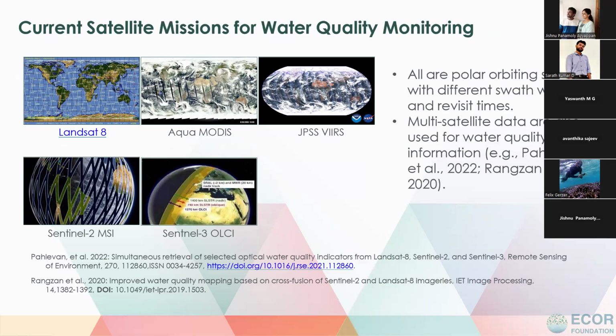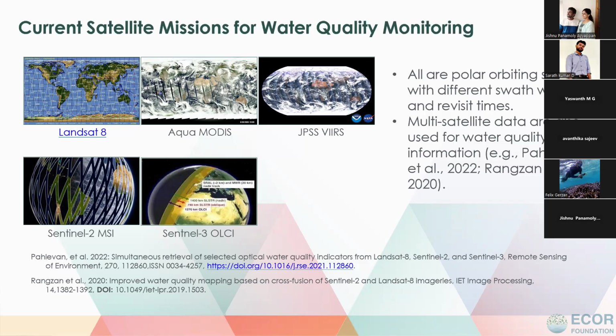Because no single satellite is perfect, researchers often merge or fuse data from multiple satellites, as already mentioned. For example, Sentinel has high spatial detail, Landsat provides a long historical period, and Sentinel-3, MODIS, and VIIRS give frequent updates.